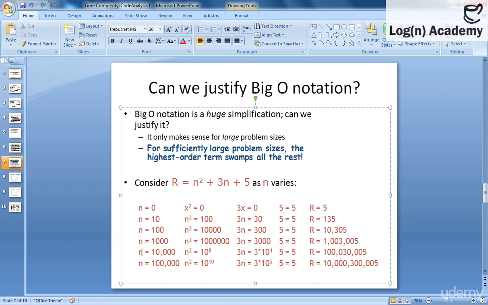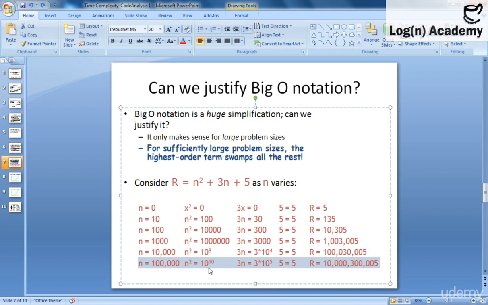Now in the case where n is 10,000, the value of n square is 10 raised to power 8. It's much higher than the other values. 3n is 3 into 10 raised to power 4 and 5 is just 5. So as n is getting larger, the value of n square is dominating other terms like 3n and 5, right? In the last case, the value of n is 100,000.